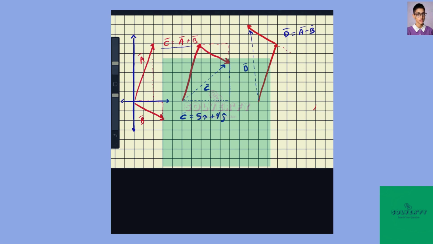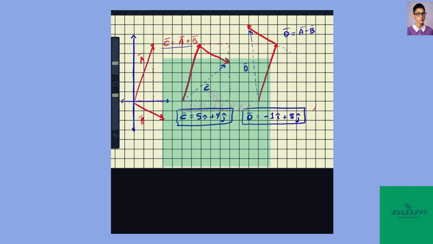Similarly, D is minus 1 i hat, and you can choose to draw the 1 or not. You can just call it minus i hat if you want. And then it goes 2, 4, 6, 8 plus 8 j hat. And so those are the coordinate forms of the two vectors, or that's actually the unit vector form.